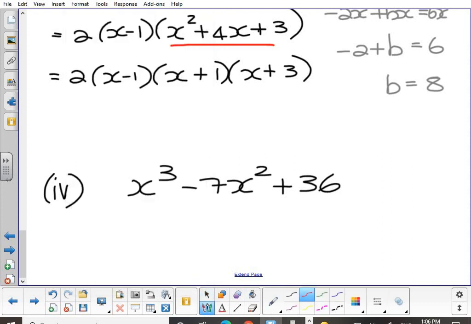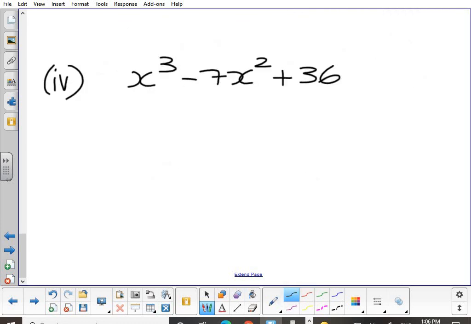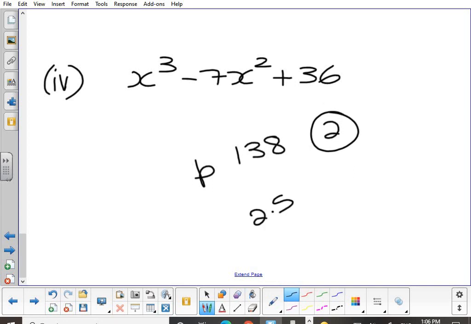Okay, ladies and gentlemen, please complete this one for tomorrow as well as on page 138, number 2 at the top. Please do the following for me. This one is one of them, so do for me 2.5 and then do for me 2.10, and do for me 2.6.